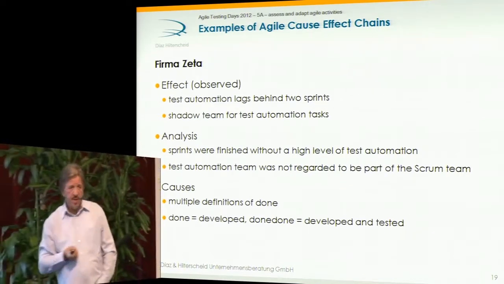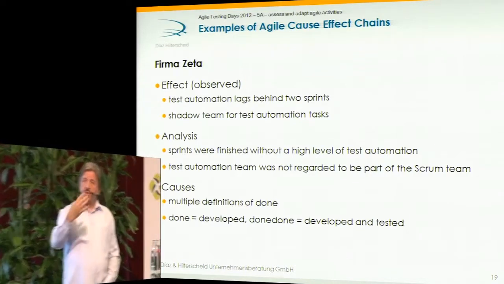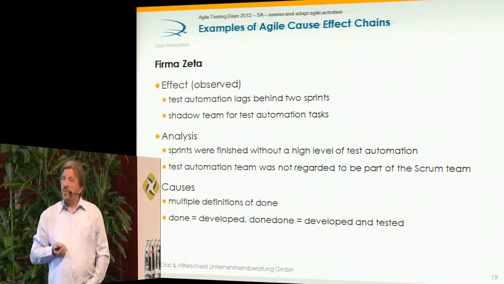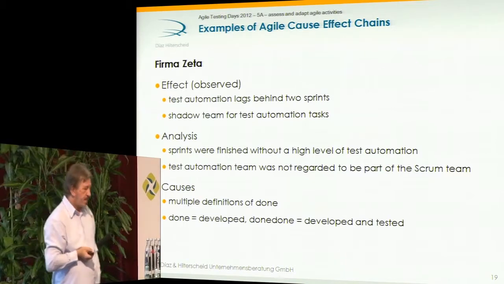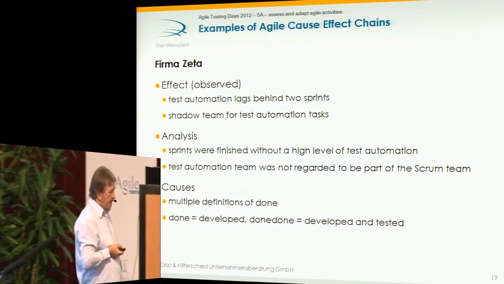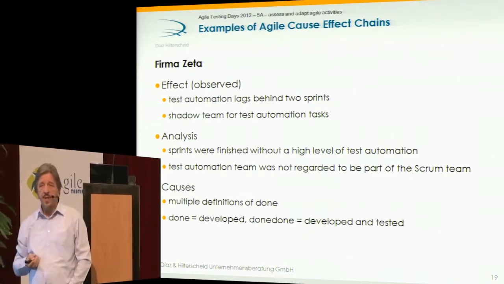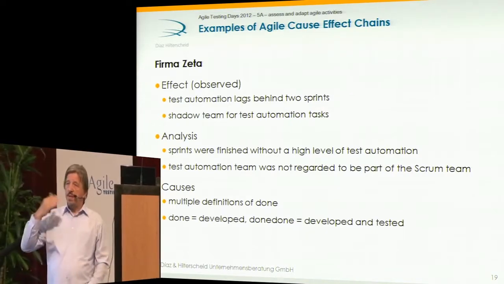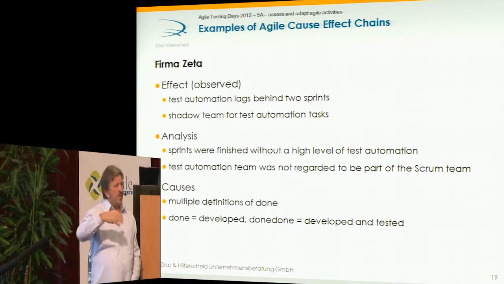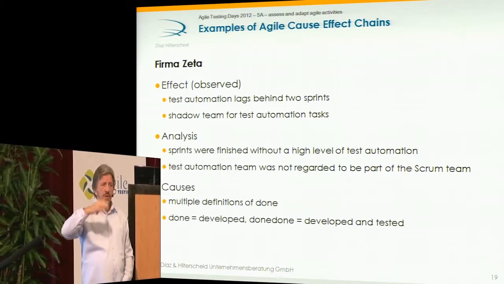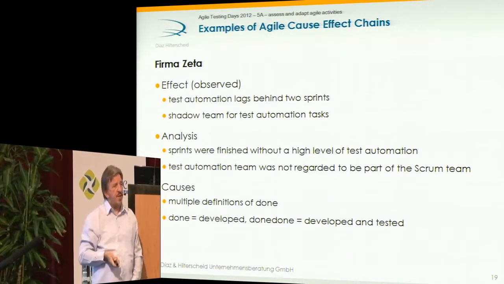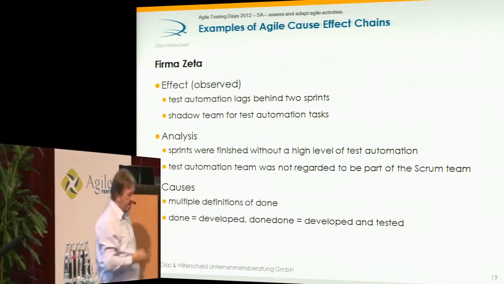And that usually ran one or two sprints behind the normal way of working. Again, all of that, what is written here in just a few lines, is the result of some analysis work, of talking to people for a longer time, trying to find out the reasons behind that.